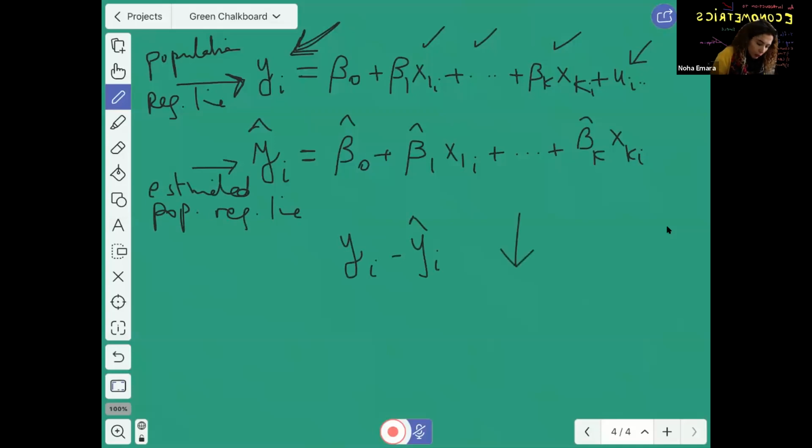And we call this distance the amount of error I have, or ui. So ui is the amount of error that you have in the model that is coming from the difference between the true and the estimated value of y.